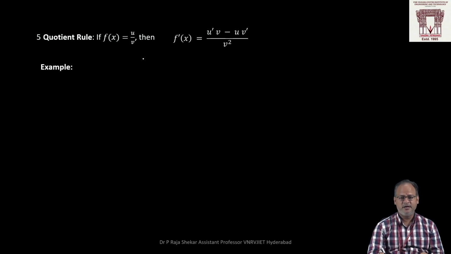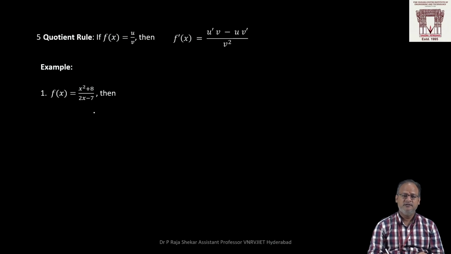Then the derivative is going to be in the form of u dash v minus uv dash divided by v square. For instance, let me take an example where f of x is equal to x square plus 8 divided by 2x minus 7.